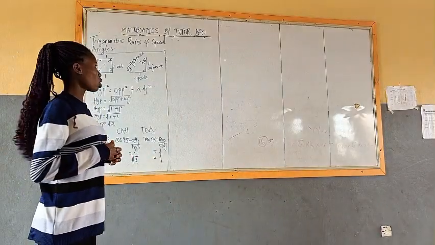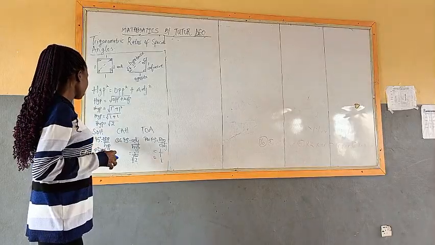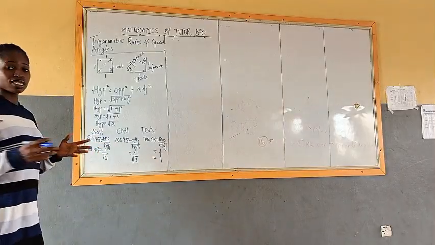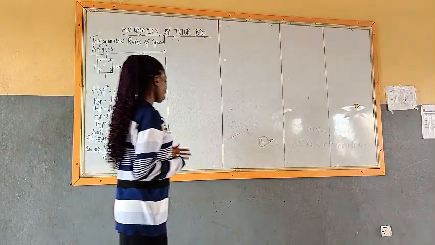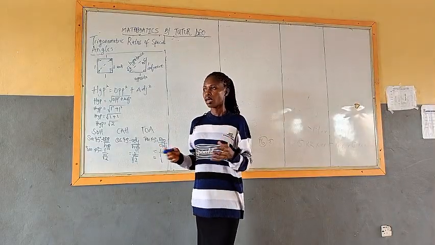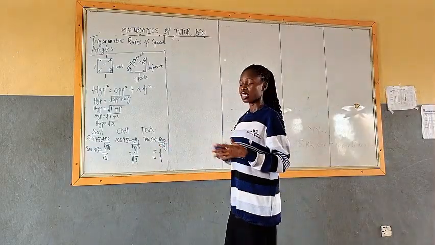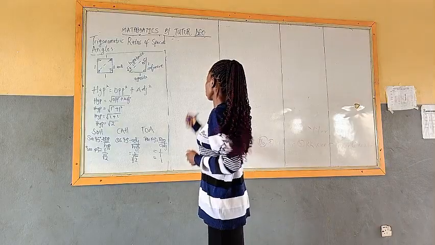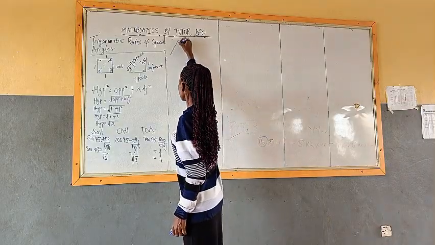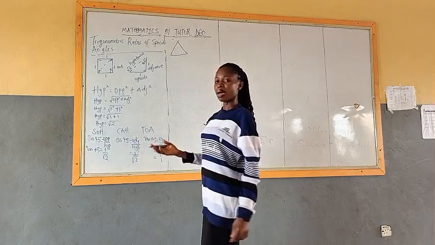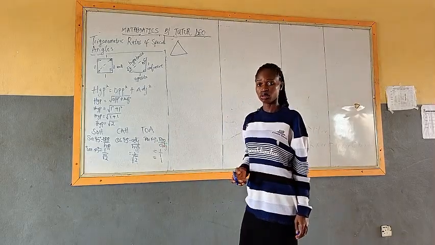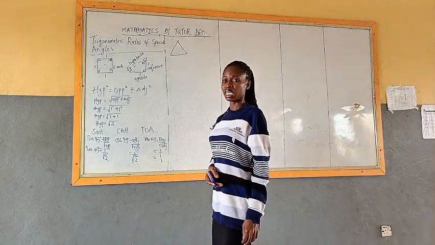Now, let's go on and move to the sines, cos, and tan of 30 degrees and 60 degrees. How do we start this? Now, we'll be drawing an equilateral triangle. This is it. In an equilateral triangle, all the sides are equal.